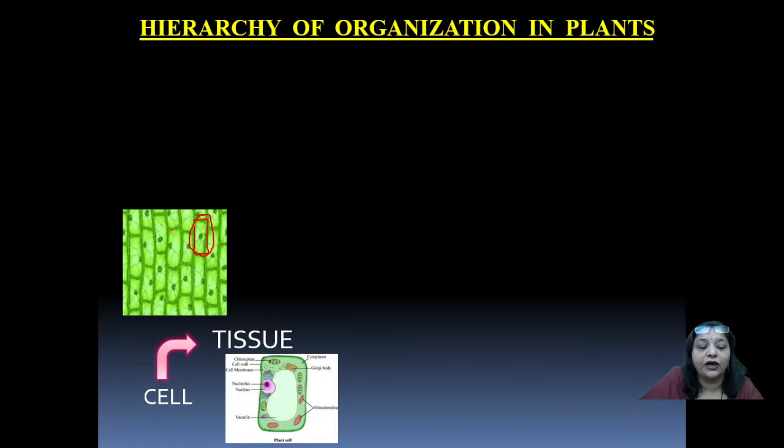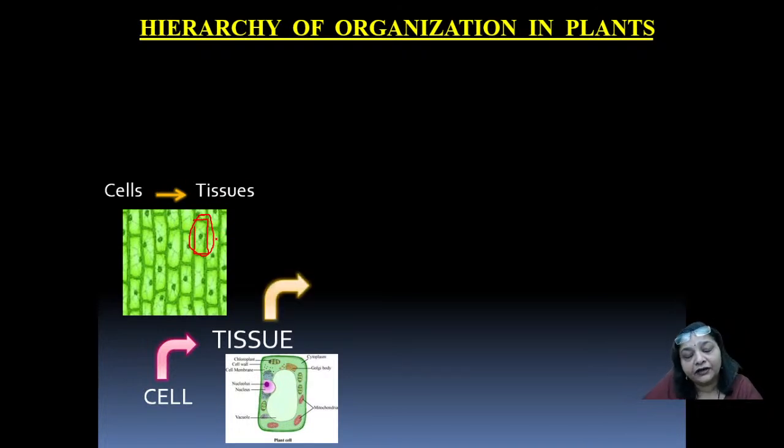Okay, so you can see the well arranged group of cells. We call it the tissues. So different cells combine together to form different tissues based on their functions. Okay, they get modified and differentiated to form the tissues so as to perform different functions.